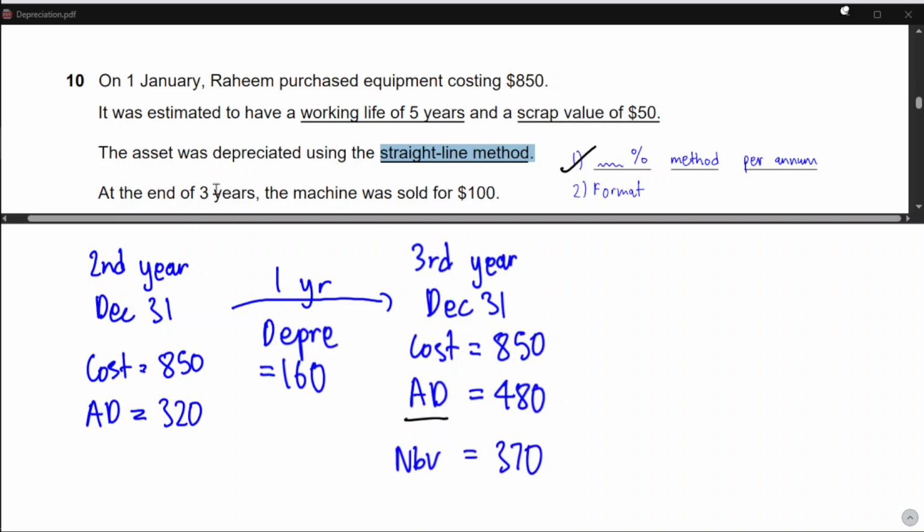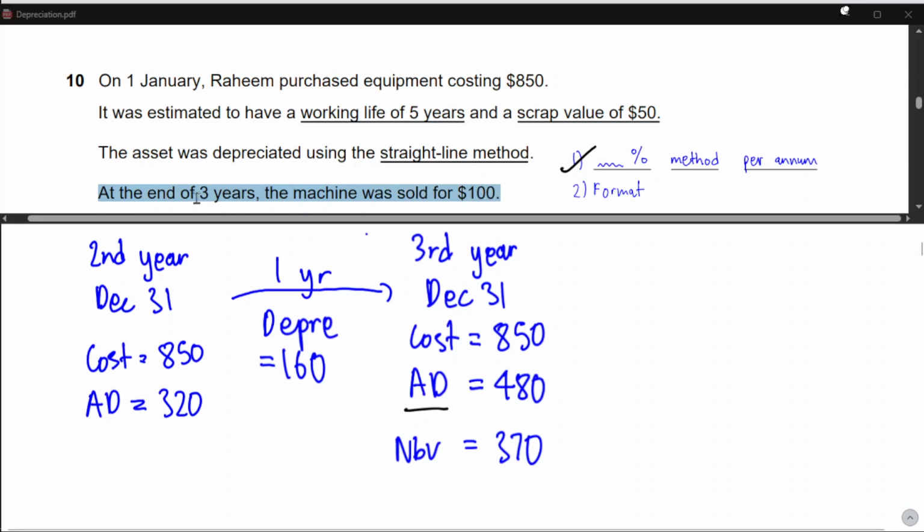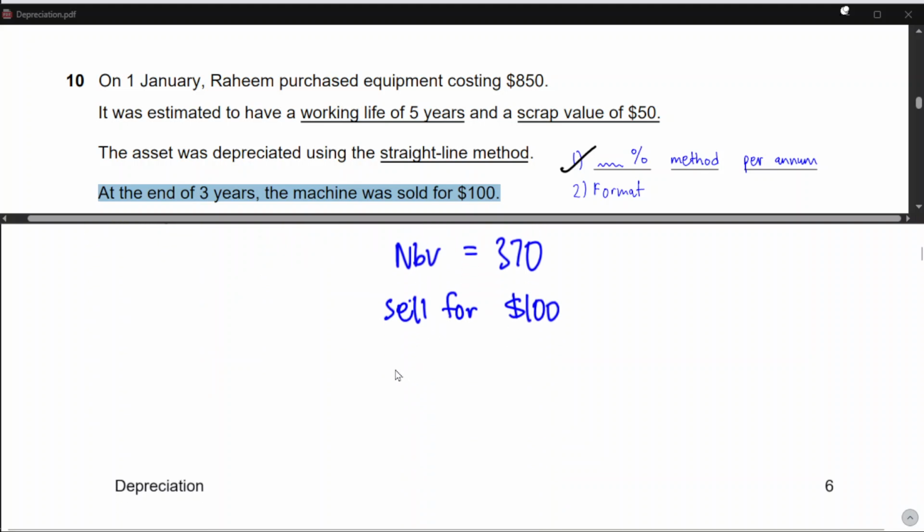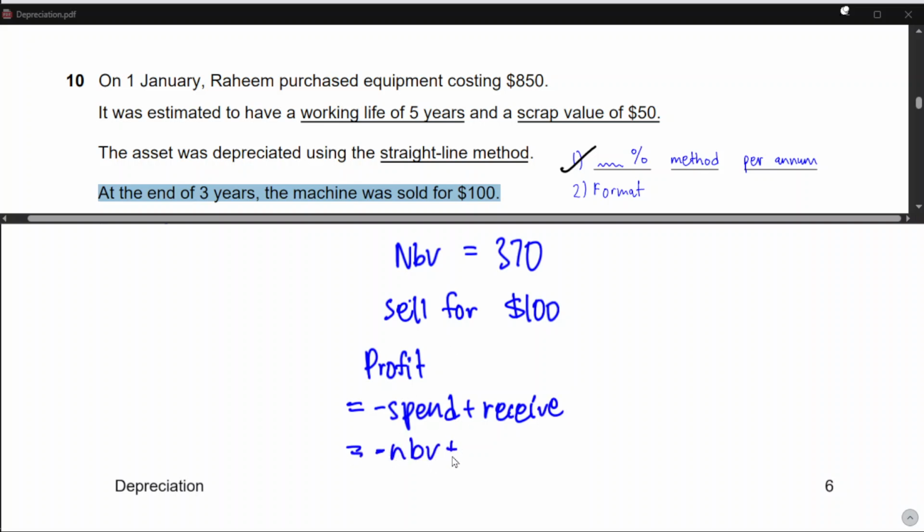Then what he said, at the end of 3 years he sold for this. So third year end is here, and he sells for this amount. By default the profit is the amount you receive minus the net book value.